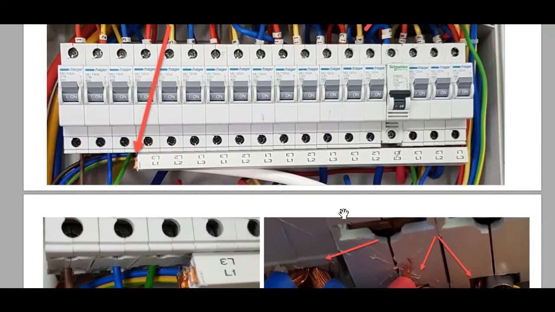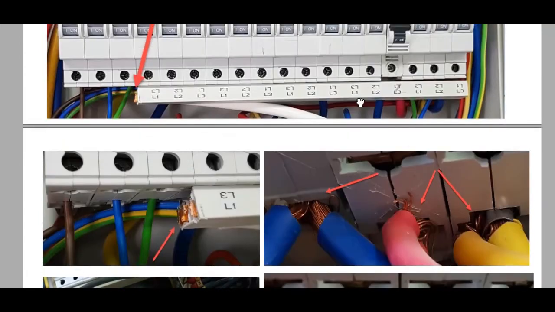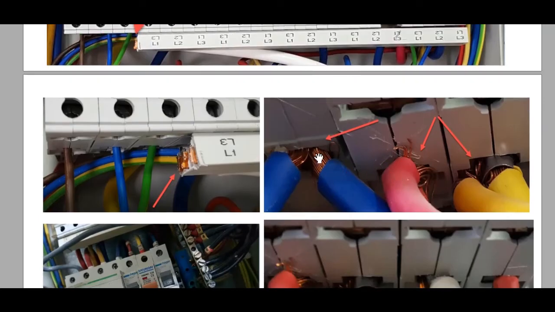Also you can see here inside this bottom of the wiring system, how they don't use bootlace ferrules, and they put two wires in one hole of the circuit breaker or on this device. Therefore you see a very bad connection.